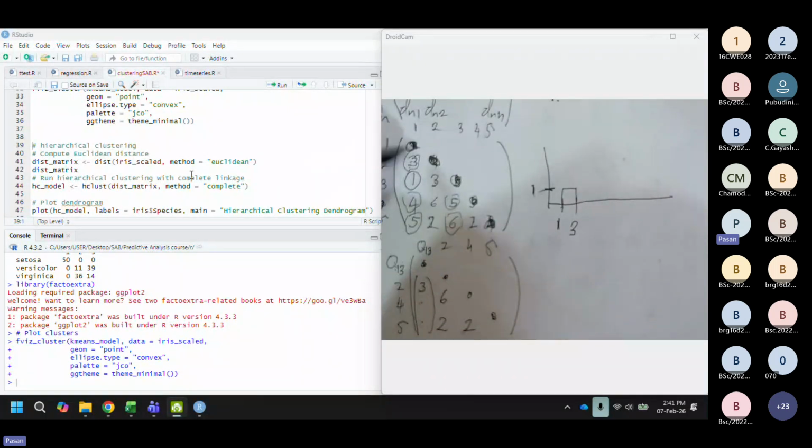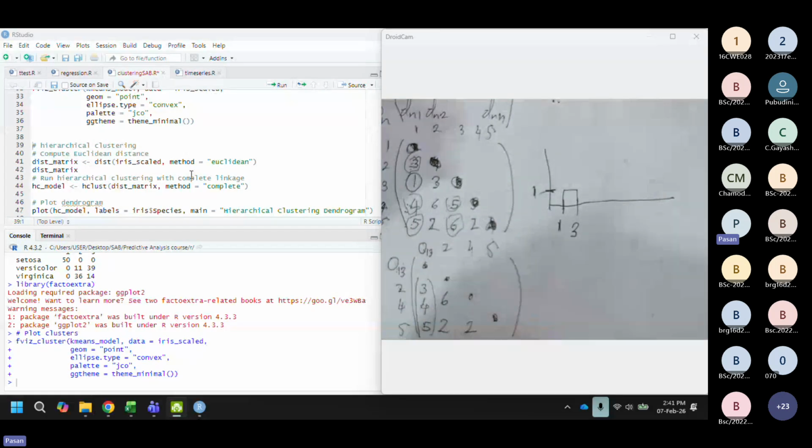And then 4 to 1 and 4 to 3; looking at these two, you take the minimum, that is 4. And then 5 to 1 and 5 to 3, you take the minimum of these two numbers. That is the single linkage situation.